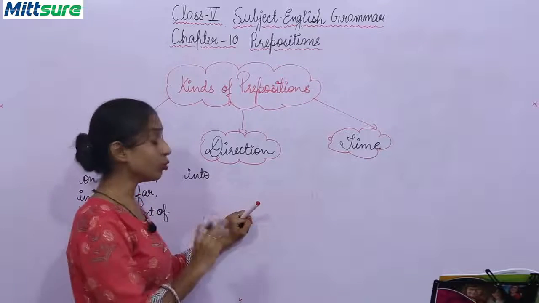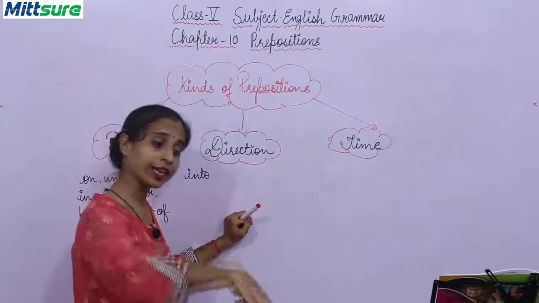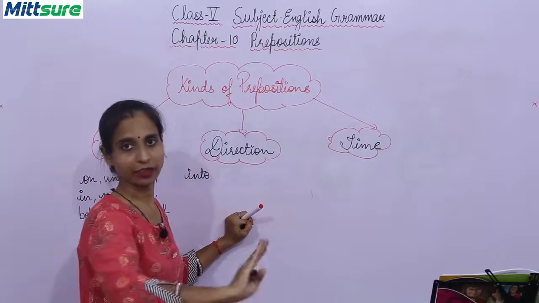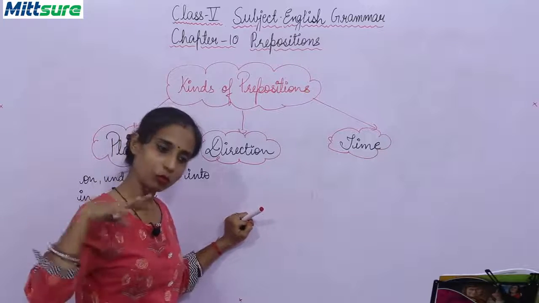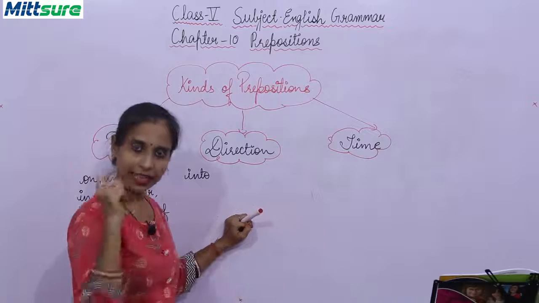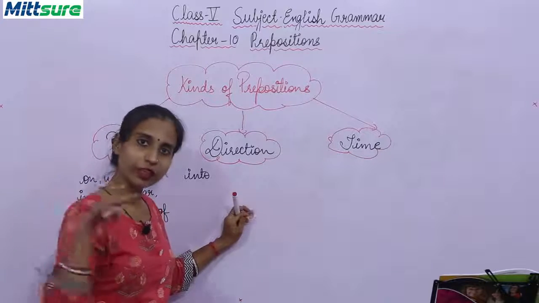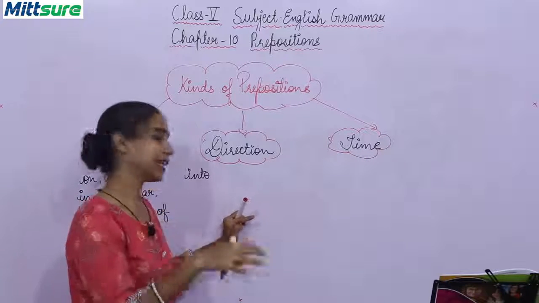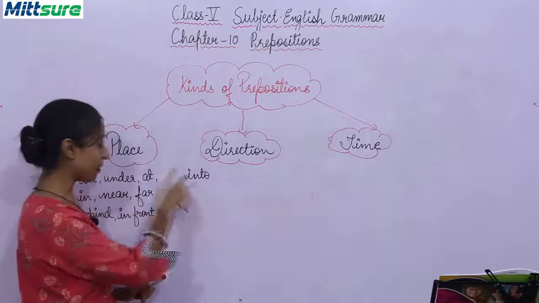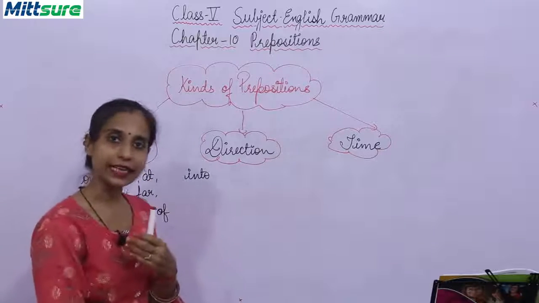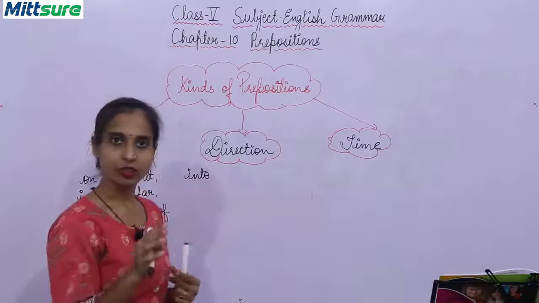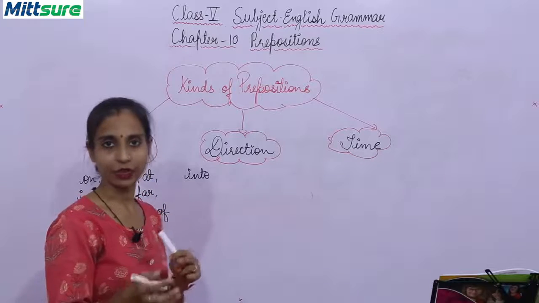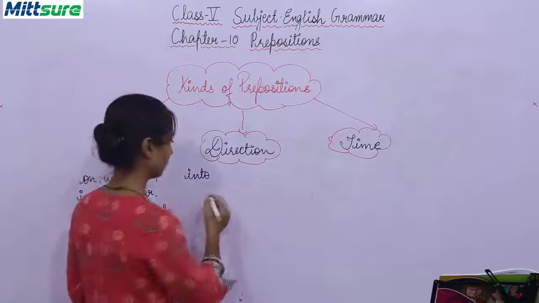Into is when something is going inside. That means when anything is in moving position and going inside, then we will say into. And when something is already inside, then we will say in. So, there is a difference between in and into, on and onto.